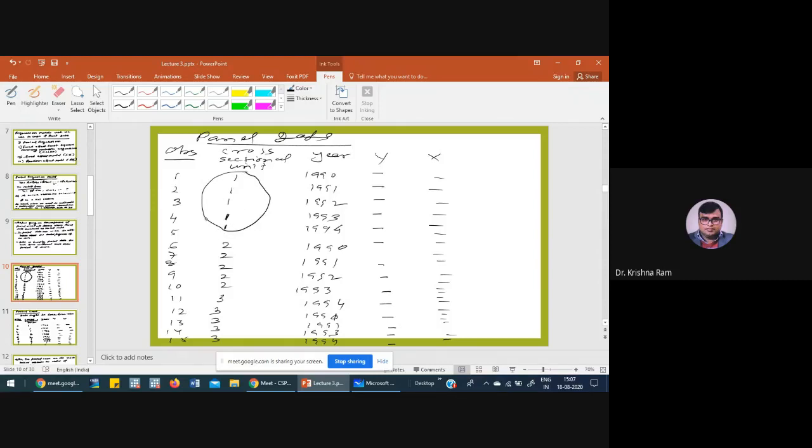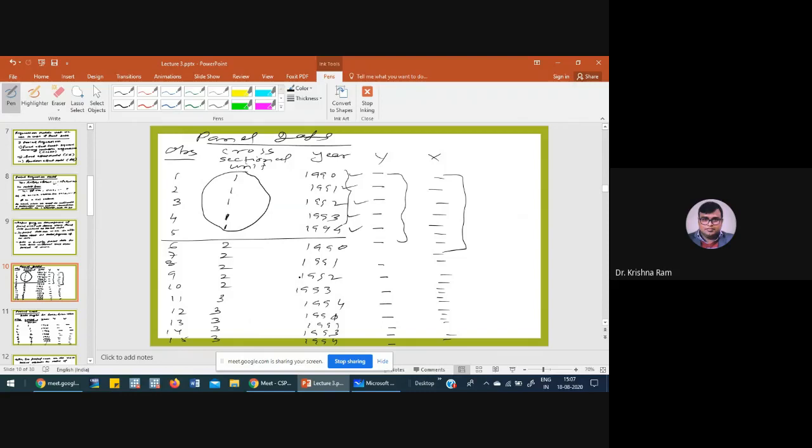The first observation is for cross-sectional unit 1, and then you have the years in order: first 1990, then 1991, 1992, 1993, and 1994, and then the values. So these are our values basically.